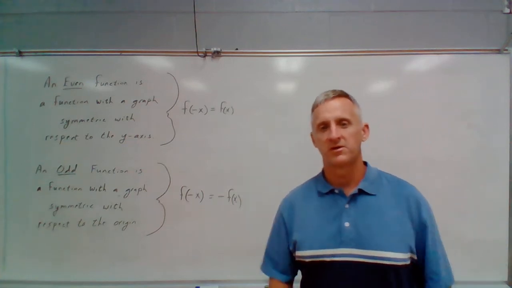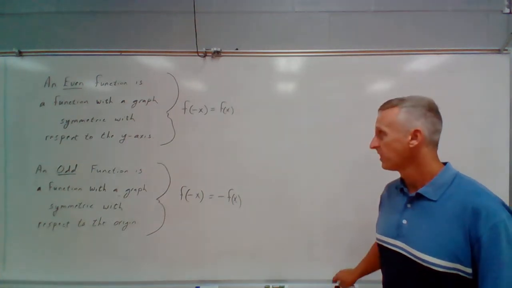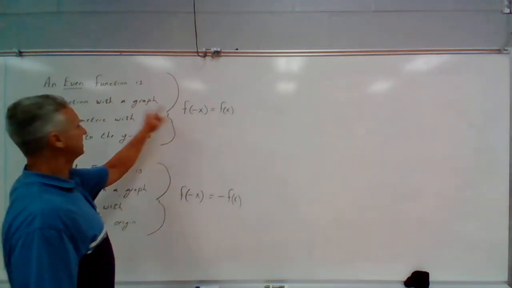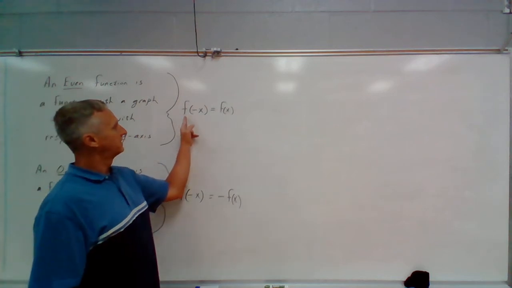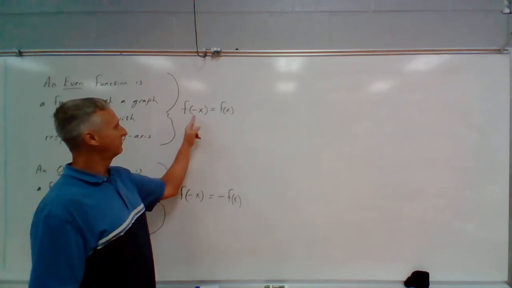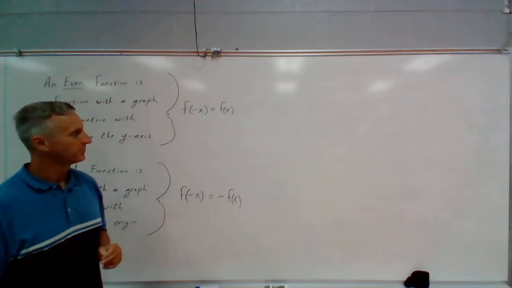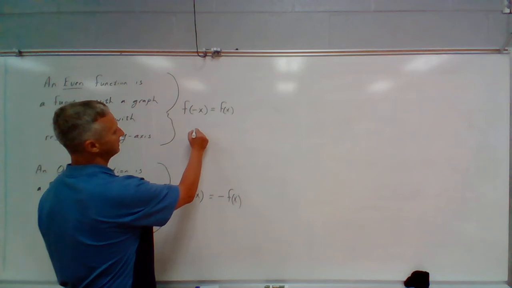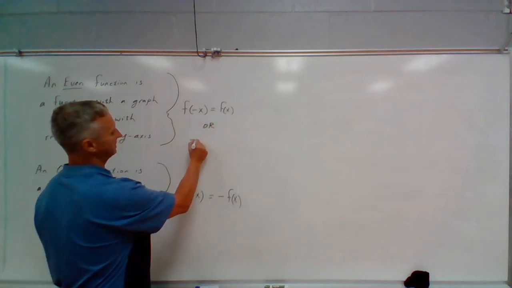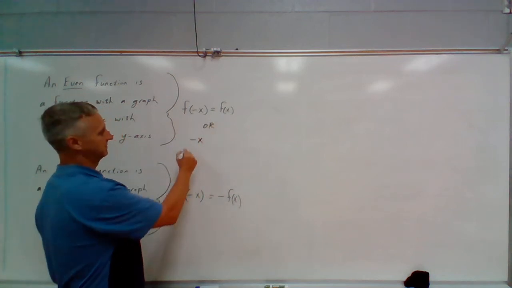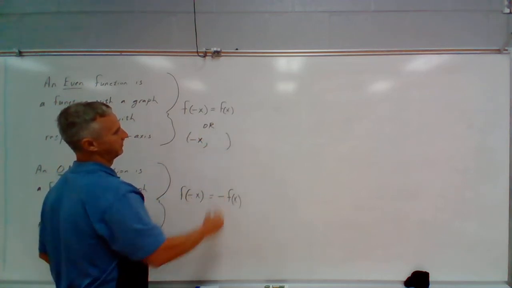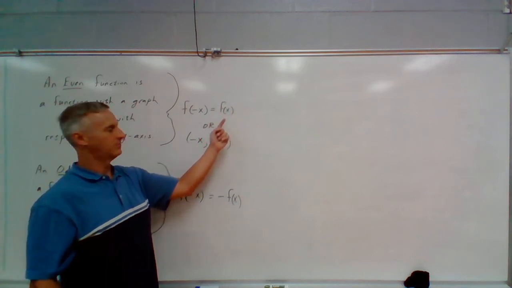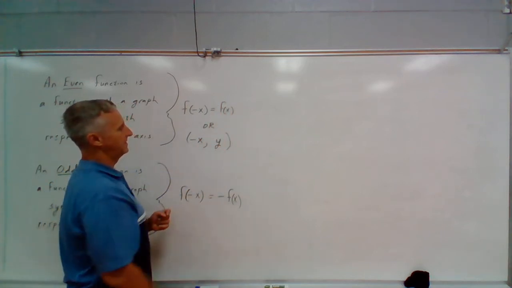All right, let me add a little clarity to the last problem that we did. One clear way of knowing that a function is even is that f of negative x would equal f of x. This is what you already know. Another way of saying that is that if I plug in negative x for my x, then I should get the y value. f of x is the y value, so I get that.